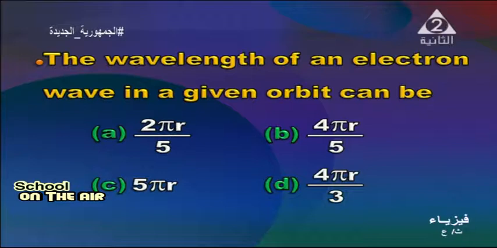Of course it is 2 pi r over 5. And what about 4 pi r over 5? Actually, it is equal to 2 pi r over n with n equal to 5 over 2, so it must be an integer, so it is wrong. And what about 5 pi r? It is equal to 2 pi r over 5 over 2. 5 over 2 is also not an integer. So the right one is 2 pi r over 5.